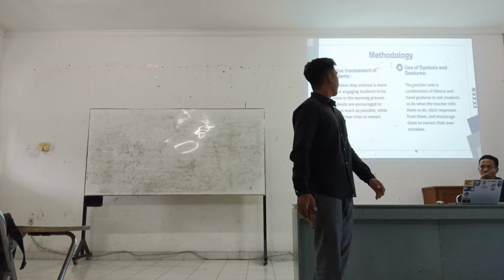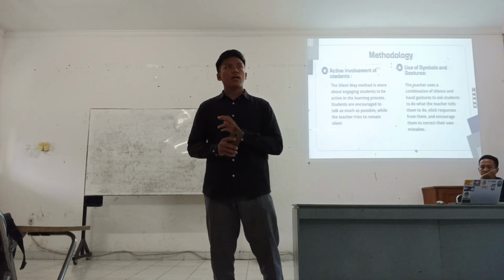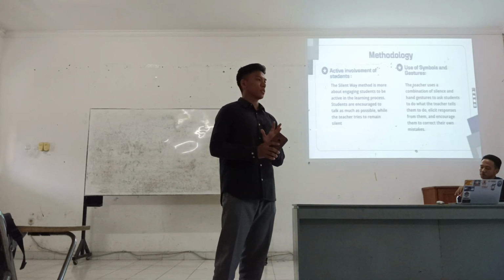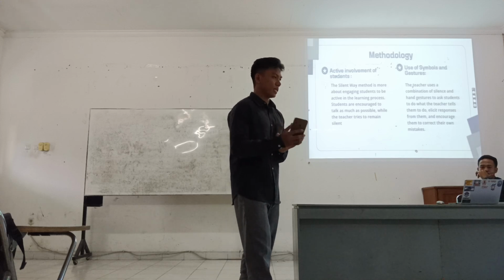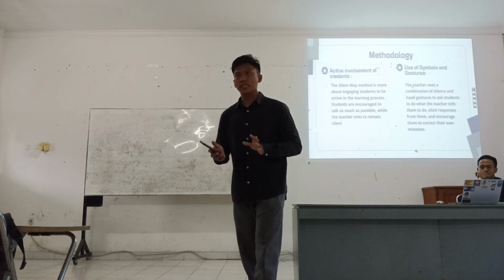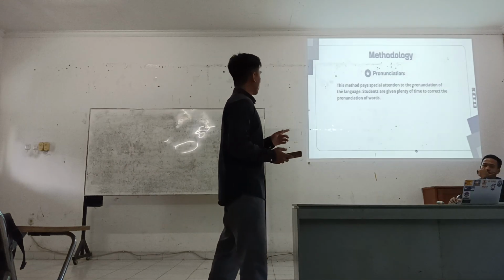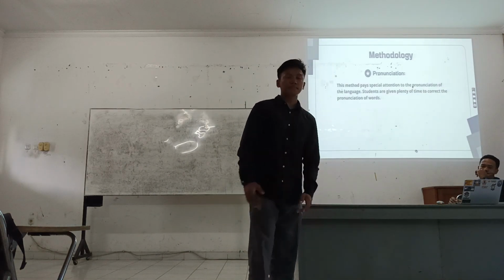And for gestures, if the teacher does not like what the student did, the teacher will make a gesture of refusing or denying. And then next, the third methodology is about pronunciation.